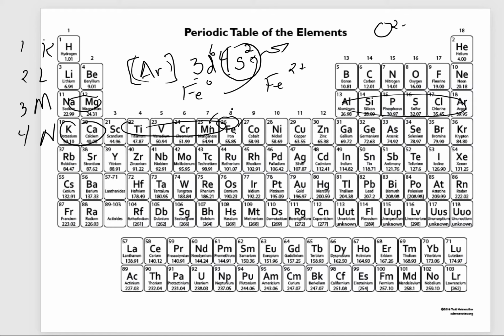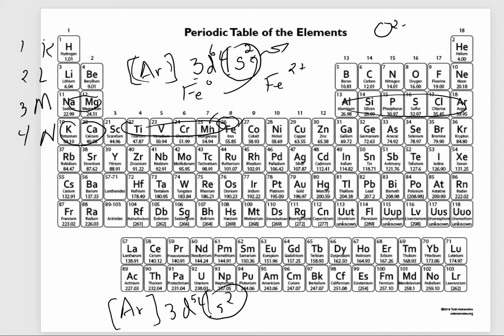So let's take a look at manganese. If we have the element manganese, then it would similarly have an argon structure added to that. On top of argon, we'd still have the 4s2, but instead of 3d6, it would be 3d5. But here, for this 2+ charge, the number of d electrons don't really matter.